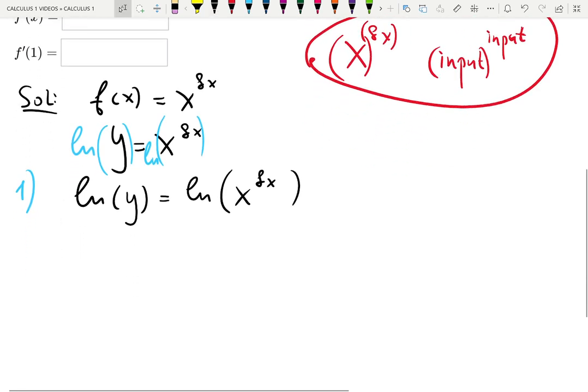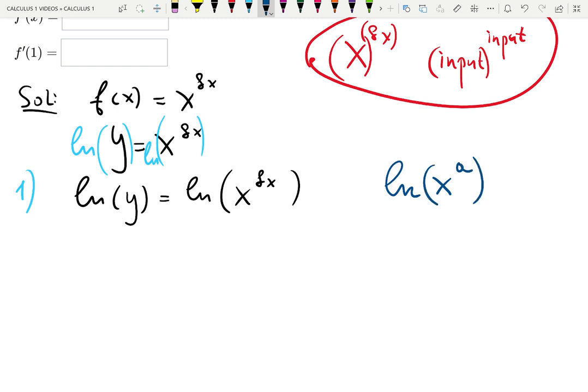Now you need to use properties of logs. Properties of logs say that if you have a natural log, or log of any base, of x raised to any power, say a, where the input, not the whole function, is raised to the power, this power can go down.